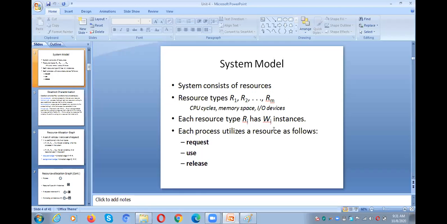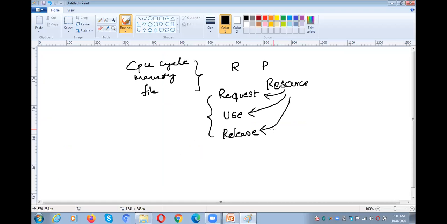Right? And then one more thing I would like to inform you right at this moment. Here we have one resource, right? Resources have many instances. What is many instances? For example, in our system, if there is only one resource available, we can represent it with a single dot.